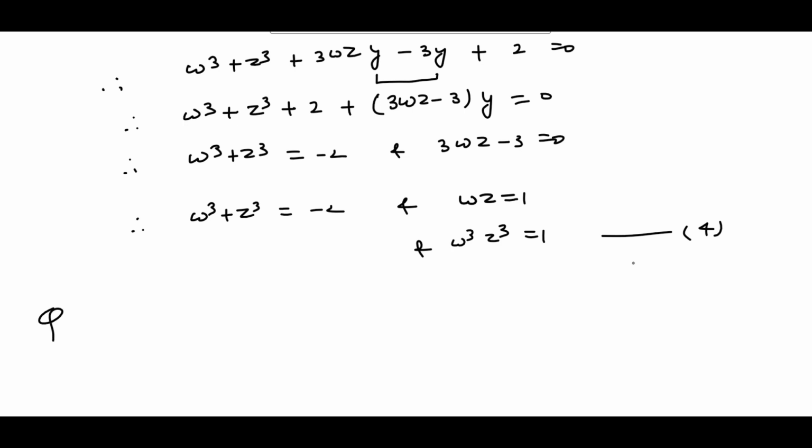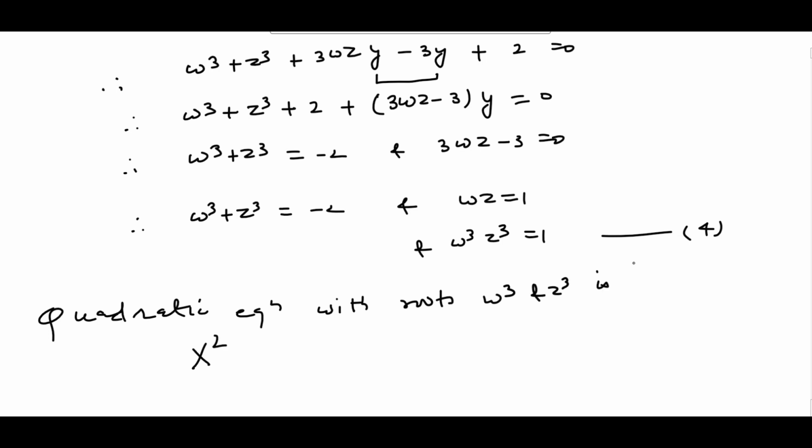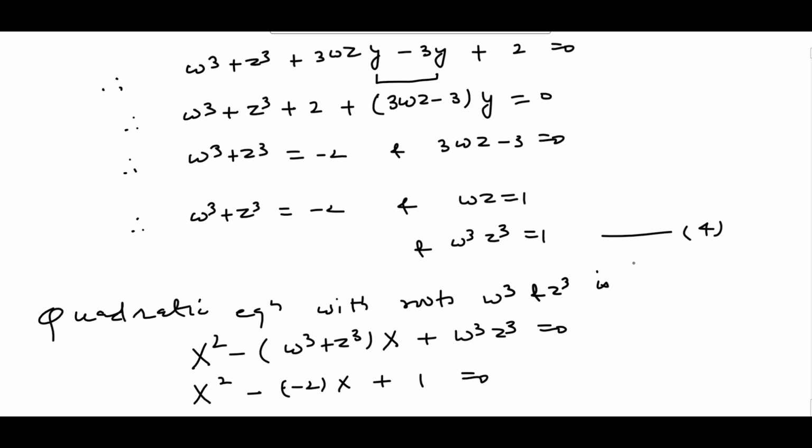So we can construct the quadratic equation with roots w cube and z cube, that is capital X square minus sum of roots multiplied by x plus w cube multiplied by z cube is equal to 0. Put all the values, that is capital X square minus negative 2 times x plus 1 is equal to 0.